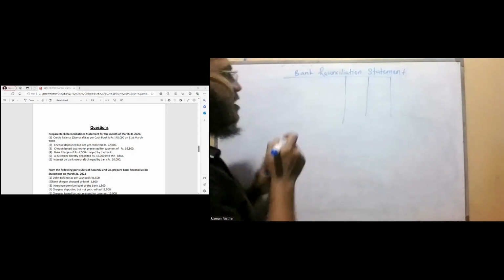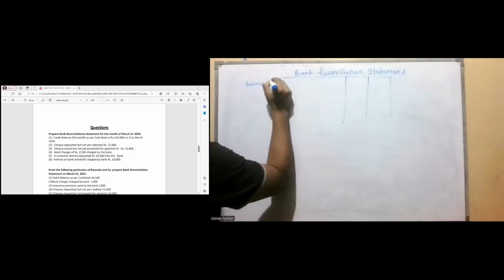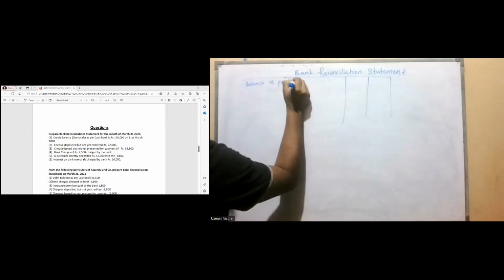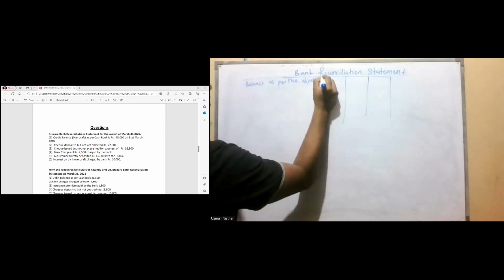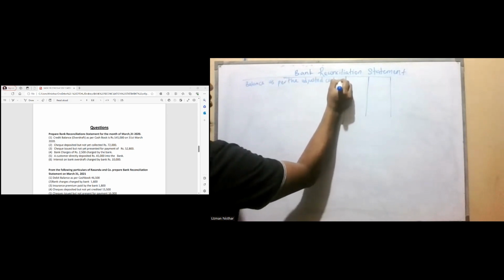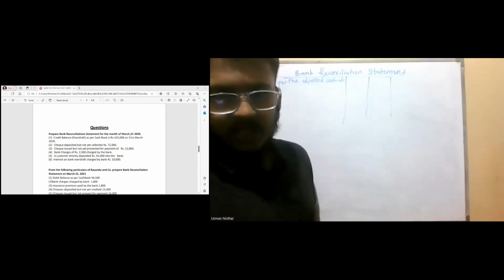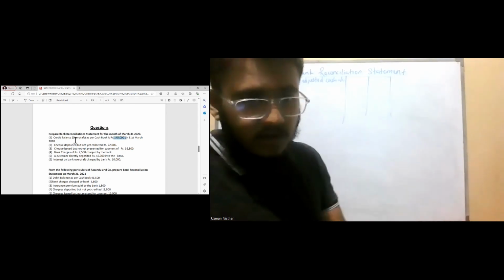And first of all, what we have is the balance as per the adjusted cash account or adjusted bank account. As per the cash book, the balance is 145,000 credit balance.